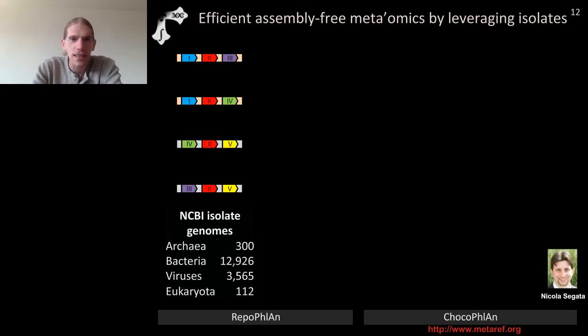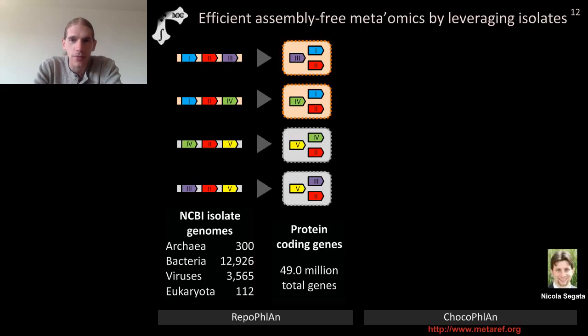RepoPlan is a system that downloads these genomes, organizes them, performs some quality control and filtering and taxonomic reclassification, and then identifies the protein coding and other open reading frame genes in this collection, which is currently just about 50 million open reading frames, or ORFs.